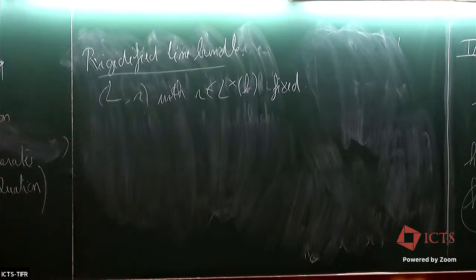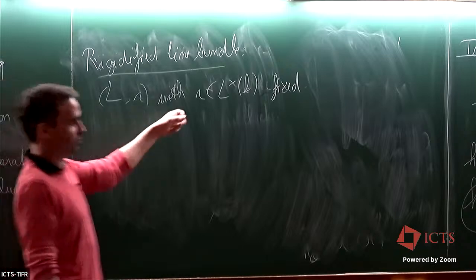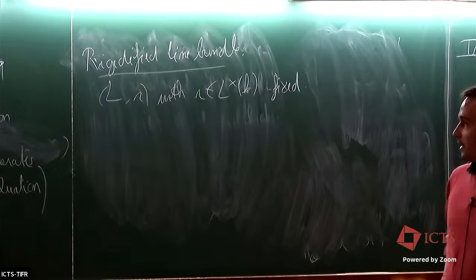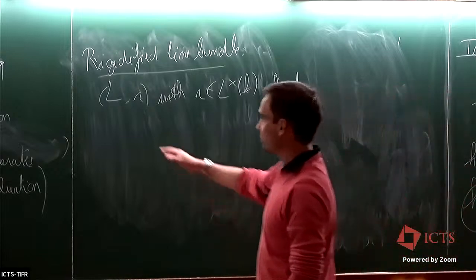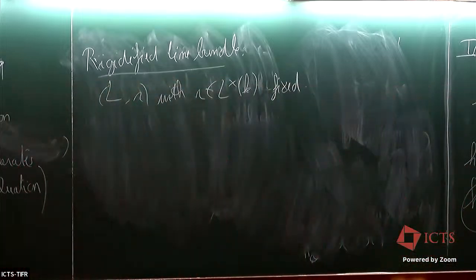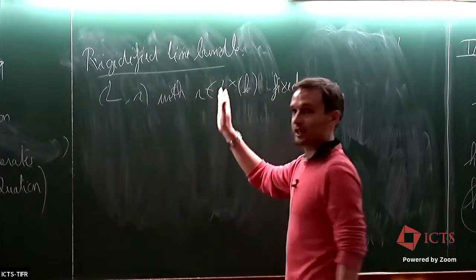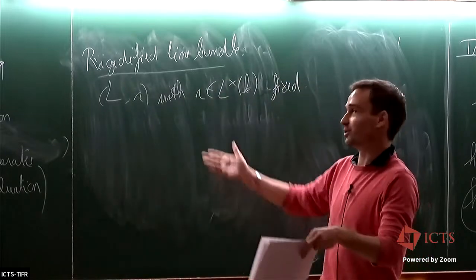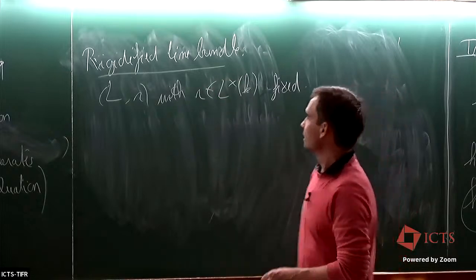Difficult to say. Should find a shortcut for this. This is one choice here, and when you choose this, it makes a lot of things easier. For example, when you have an isomorphism of line bundles, you can multiply by many things and still get an isomorphism. If you want to send r to r' above the same point, you have only one choice now. So it makes things much more rigid, which is the reason for the name here.